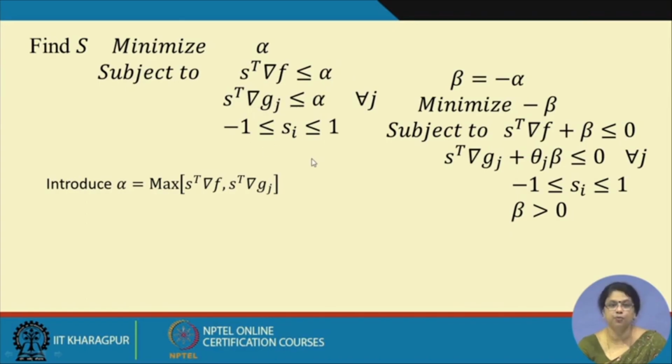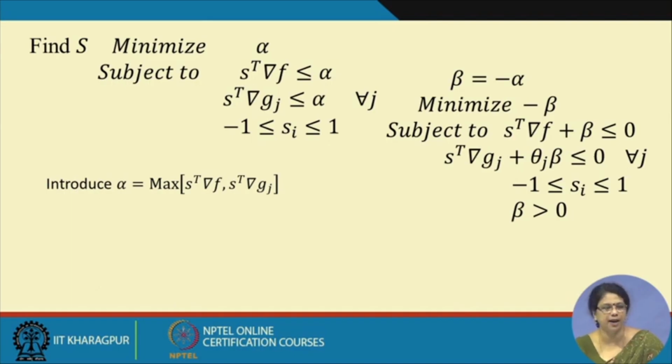That is why, if we want the linear programming problem and want to apply the simplex algorithm, the basic constraint in the simplex algorithm is that all the decision variables must be non-negative. That is why we cannot have any decision variable with a negative value. We have considered alpha as the max of S^T grad f, S^T grad g. That is why alpha is negative.